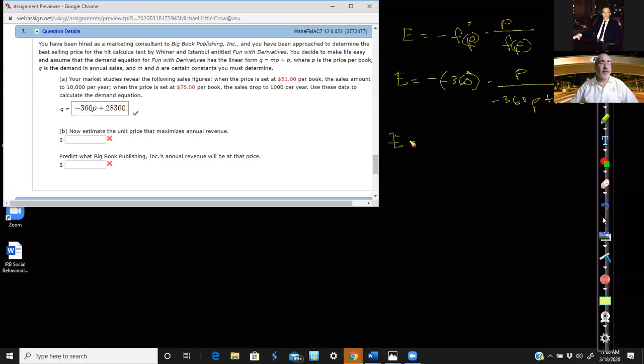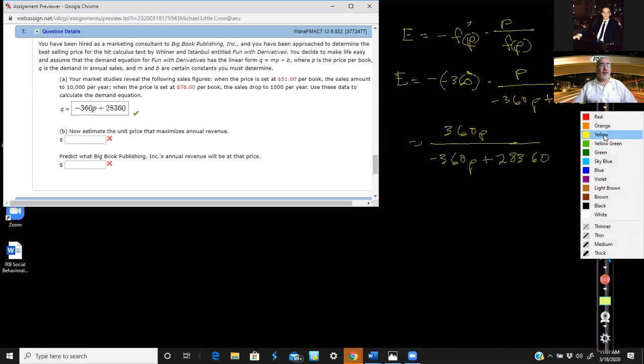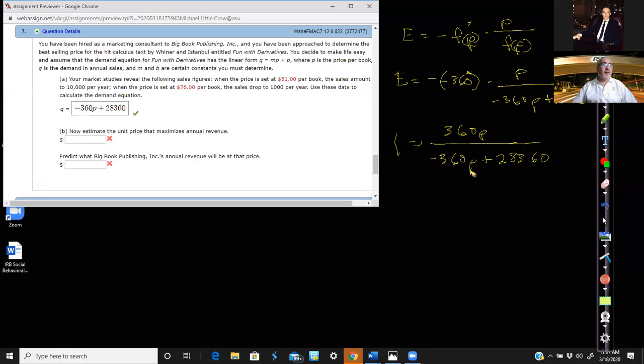So our elasticity function, negative makes that a positive, times P, so we get a positive 360P over minus 360P plus 28,360. There we go. And again, of course, we want all of this to be equal to 1, so I'll just replace the E with a 1. Because that gives us our maximum revenue.